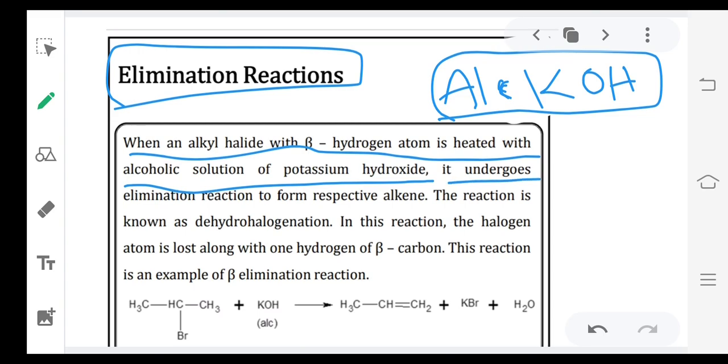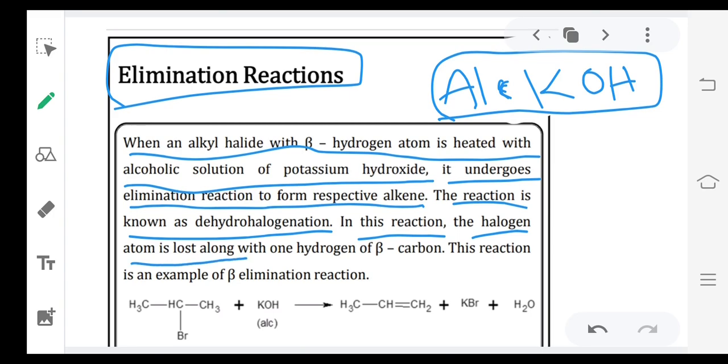The reaction is known as dehydrohalogenation. In this reaction, the halogen atom is lost along with one hydrogen of the beta carbon. So alcoholic KOH, and one more keyword is beta carbon.